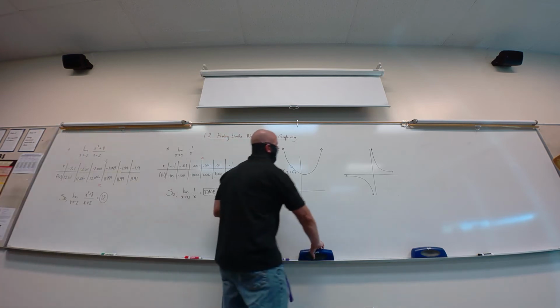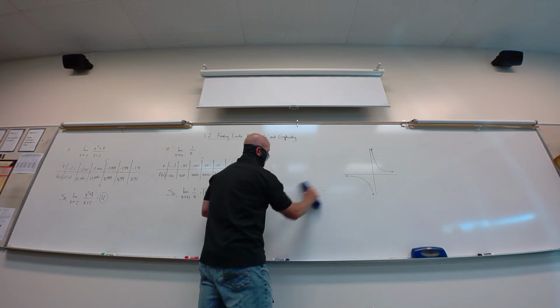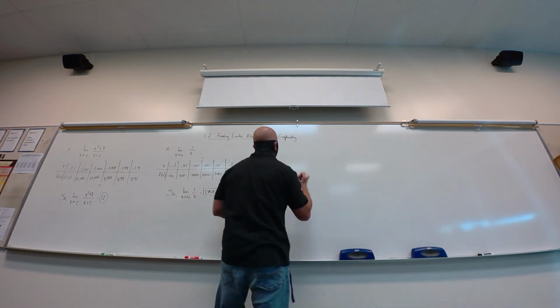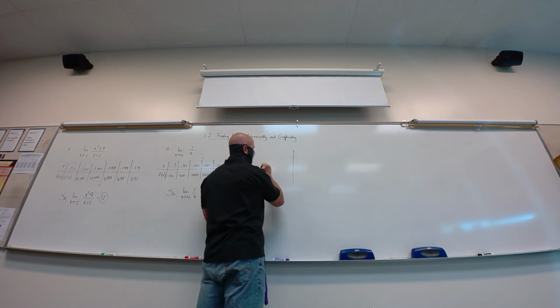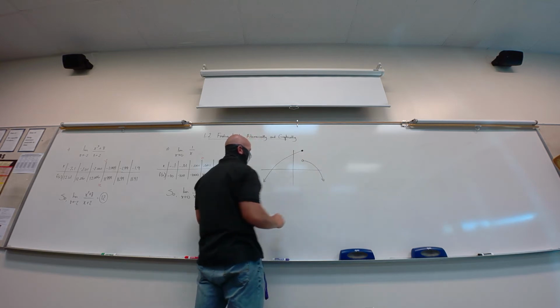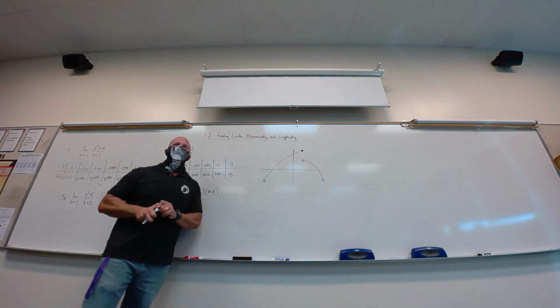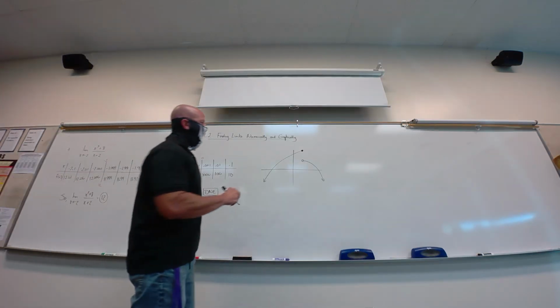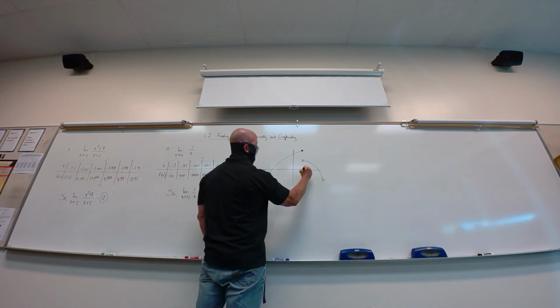Here's some graphs. Let's make some rough sketches here. All right, so there's some random piecewise graph. Okay. And let's say that this x value is 3.